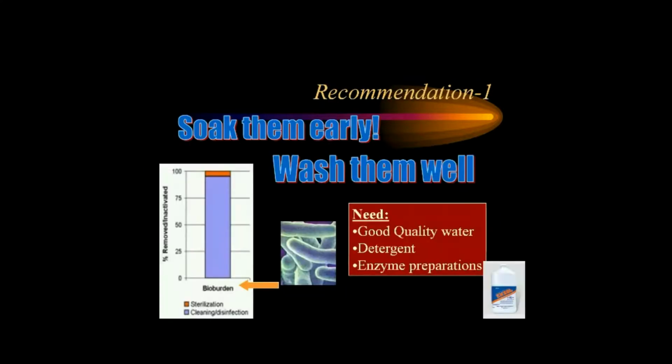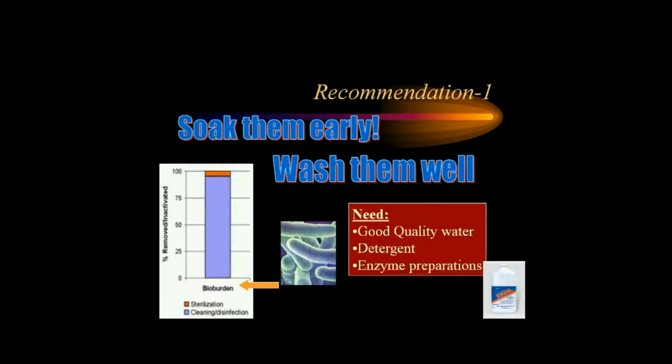Next slide. Coming to soakage and washing. All the equipment, once used in any laparoscopic surgery, should be dismantled, soaked early and washed well. That is a very important recommendation, because even if you leave 5 or 6 minutes after surgery, the blood is very difficult to remove.